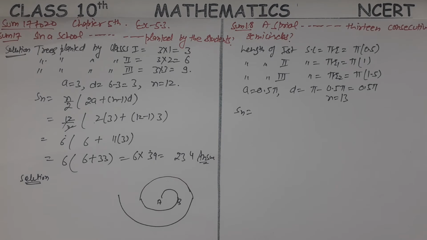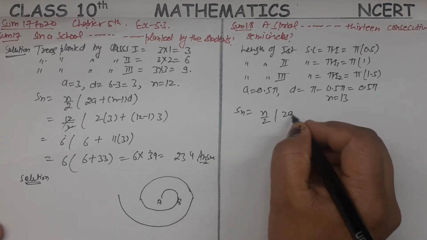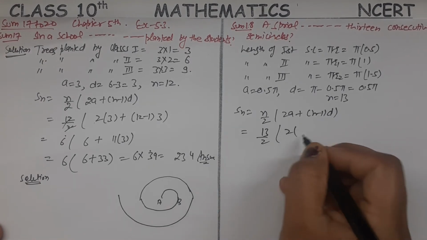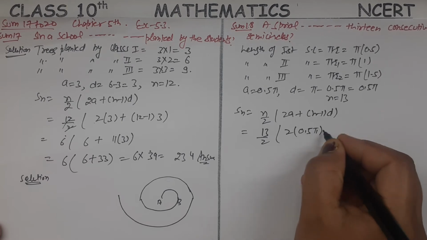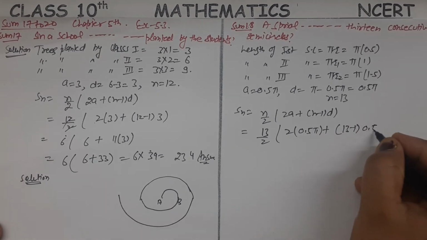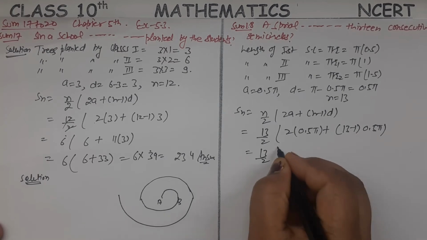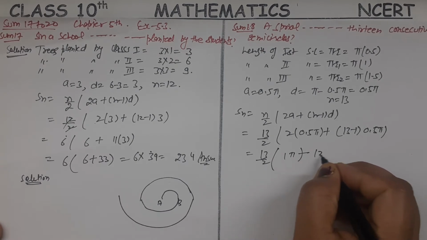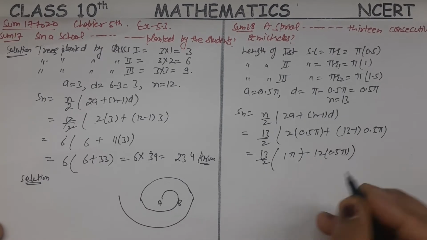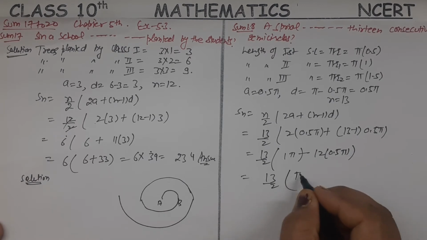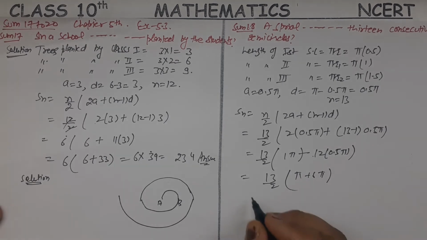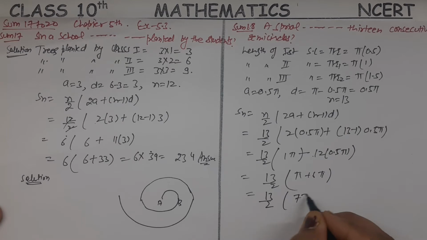Now Sn equals n by 2 times (2a plus (n minus 1)d). Simple solving. 13 by 2 same. 2 fives are 10, 1 pi, plus 13 minus 1, 12 into 0.5 pi. 12 fives are 60, makes 6 pi. 1 pi plus 6 pi makes 7 pi.